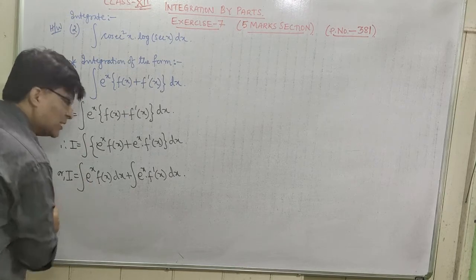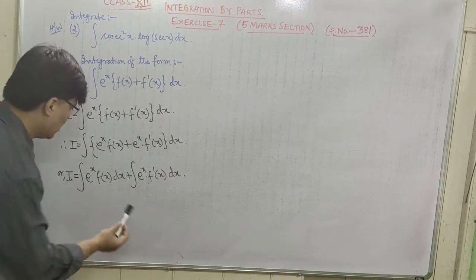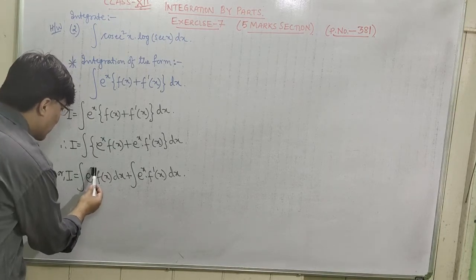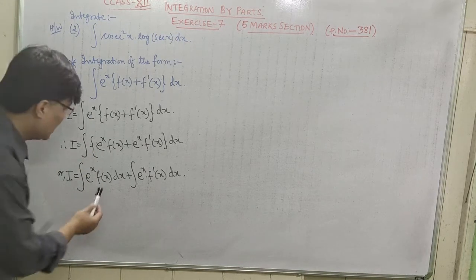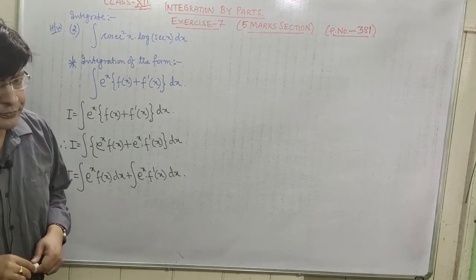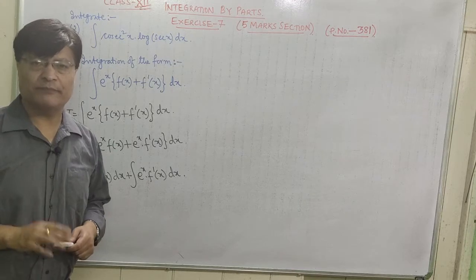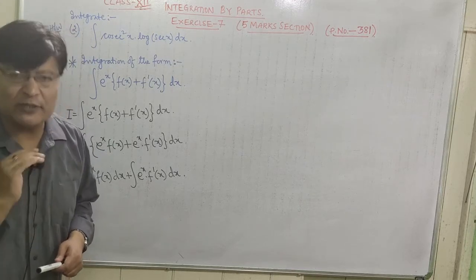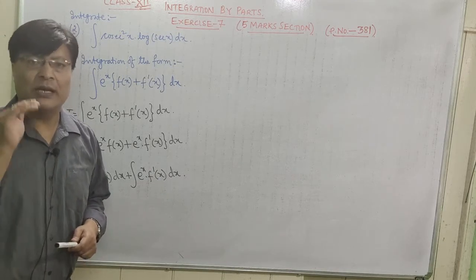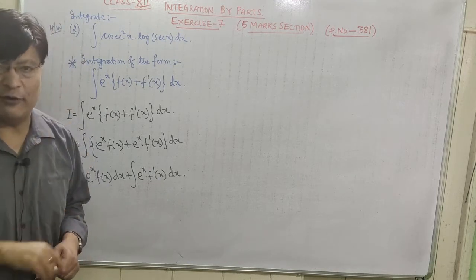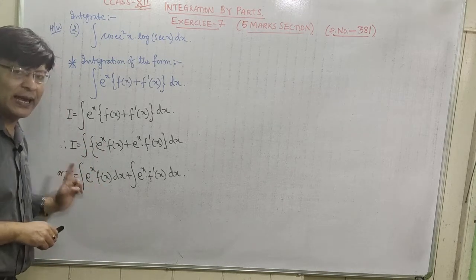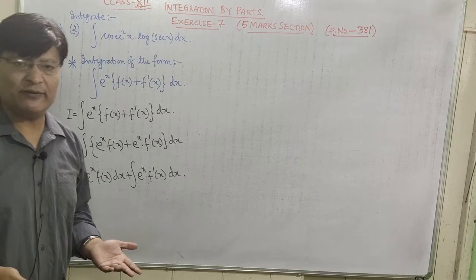So e to the power x is the exponential function. We can take f of x as algebraic function. So e to the power x, always take it as the second function and f of x as the first function. This f of x may be your logarithmic function. This f of x may be inverse circular function. F of x may be your trigonometric function. F of x may be your algebraic function. Okay, so let us take this f of x as the first function and e to the power x as the second function.